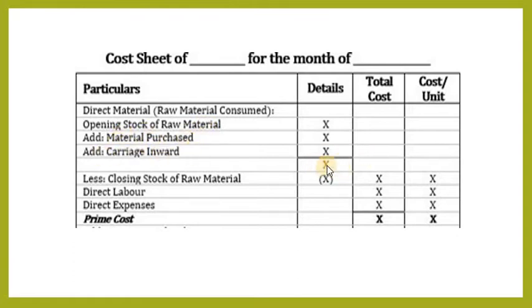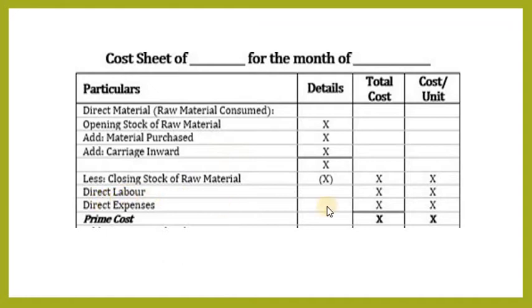Then we get some figure. From that figure we deduct the closing stock of raw material, and then we get the raw material consumed. Are you clear? First take the opening stock of raw material, add material purchases, add carriage inwards, then deduct the closing stock of raw material to get raw material consumed.